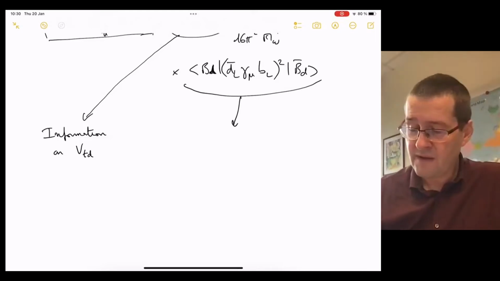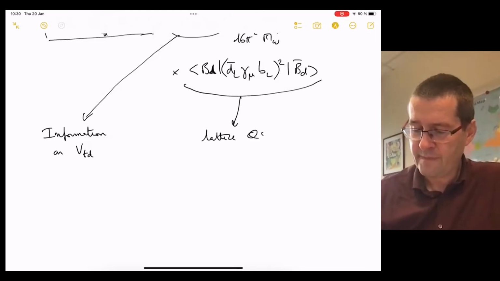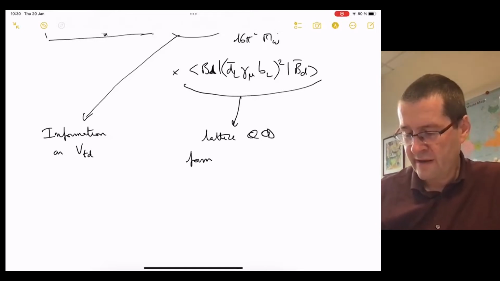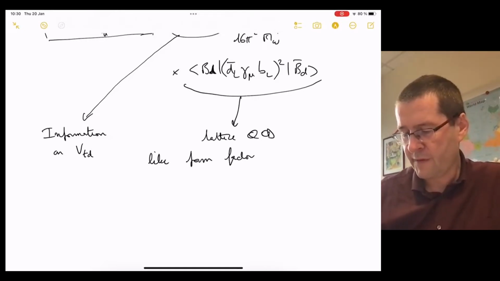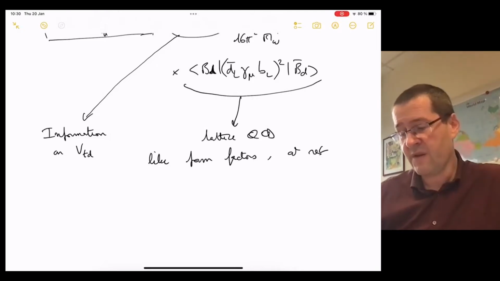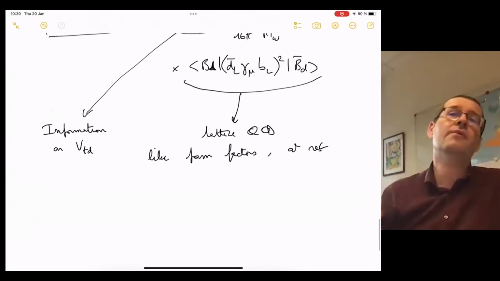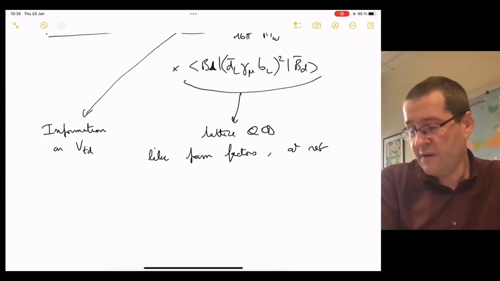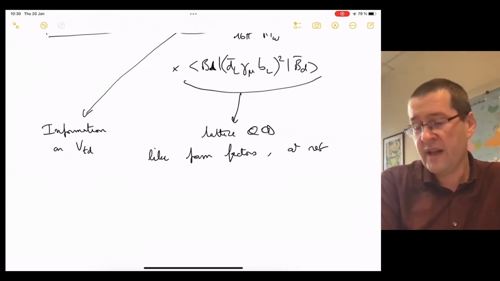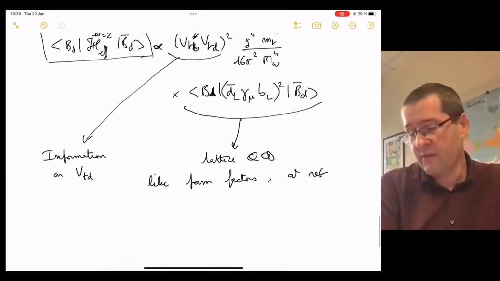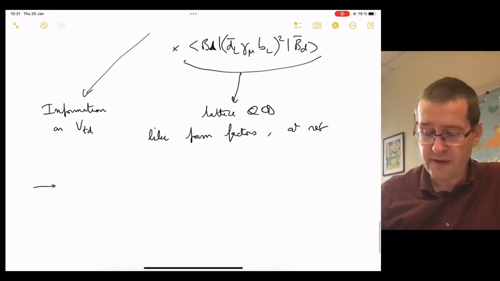So that means that lattice QCD is the tool for this, because it's like a form factor at rest. And indeed, this kind of computation has been a stable computation for lattice QCD that's been studied widely. And nowadays, a very high accuracy is reached, not only for this one here, because here I'm in the standard model. So just as a commentary here.